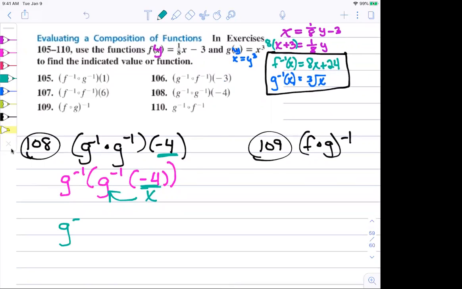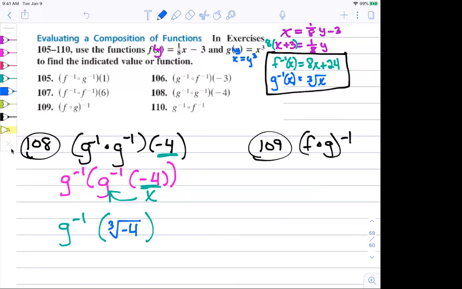So I have the one outside. And then I have the cube root of x. That's my inverse function. Well, if I have the cube root of x, I have the cube root of -4. So that would be the first step.